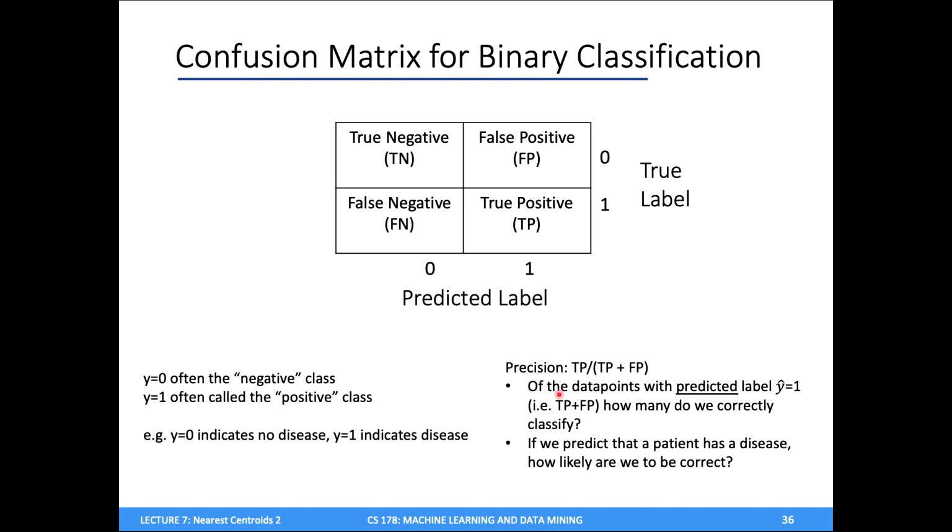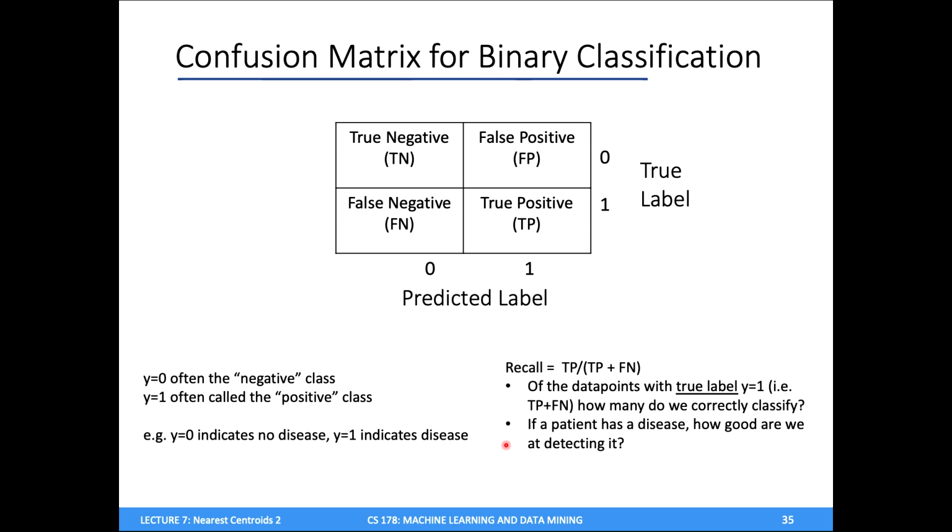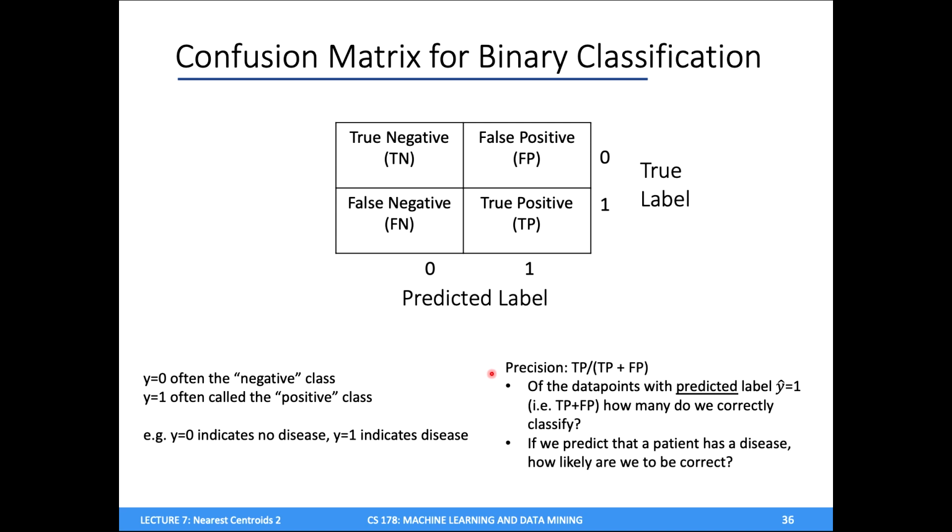It says, of all my data points with predicted label y hat = 1, which is the true positives plus the false positives, the sum of this column, how many do we correctly classify? In other words, if we predict that a patient has a disease, how likely are we to actually be correct? This is quite different from the recall. So oftentimes people will report both precision and recall for their classifiers, just to get a better sense of how our model is doing.